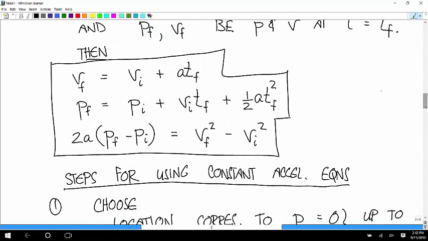This first one, A is in it, so that's good. But TF is in it, and we don't know that one. So we can't use the first one. There's 2 unknowns in it. You can't use one equation for 2 unknowns. The second one, A is in it, so that's good, but TF is in it again, so we can't use that one.